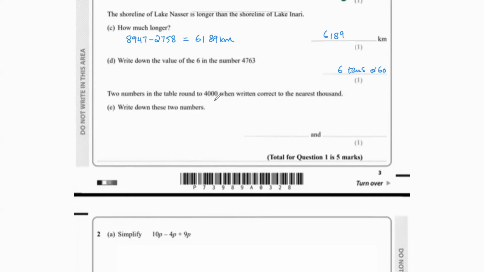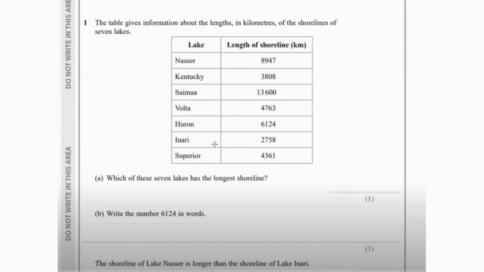Then two numbers in the table round to 4,000 when written correct to the nearest 1,000. Write down these two numbers. So let's go back to the table again. So the numbers that round to 4,000 to the nearest 1,000 are going to be 3,808 and 4,361. The reason why 3,808 will round up to 4,000 is because the hundreds place is 8.